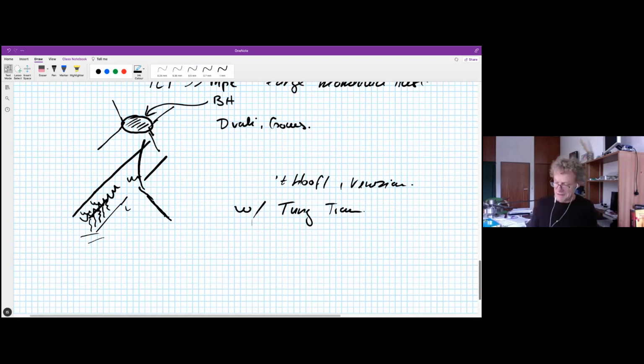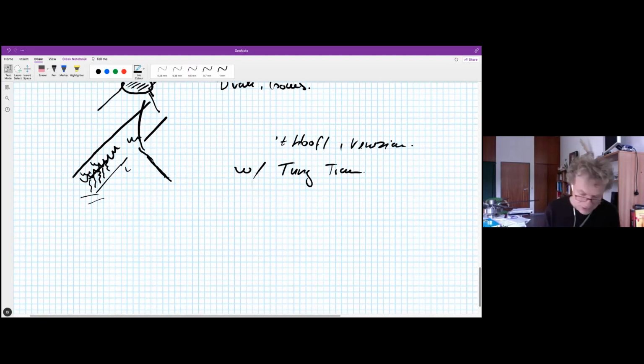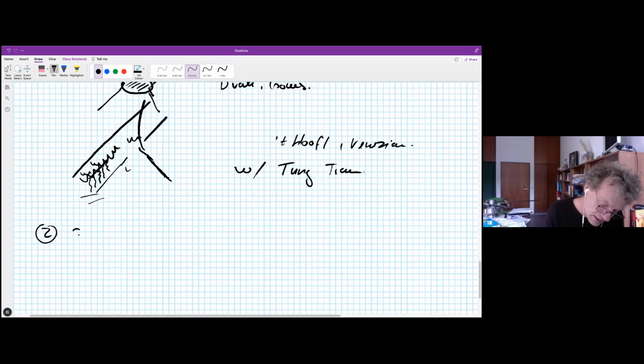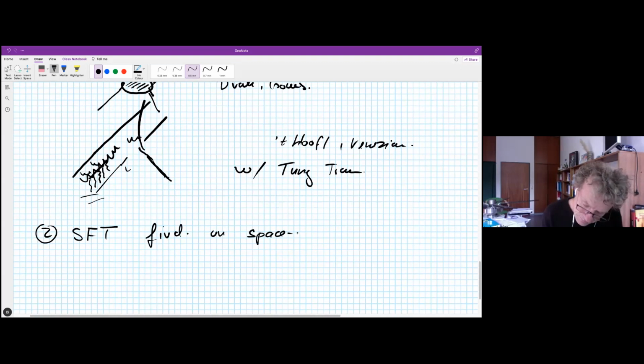So now we defined what string theory is, and the question was, what is string field theory? As I said already, string field theory is just a way to find a Lagrangian, an action, a space-time action, which gives rise to this amplitude.